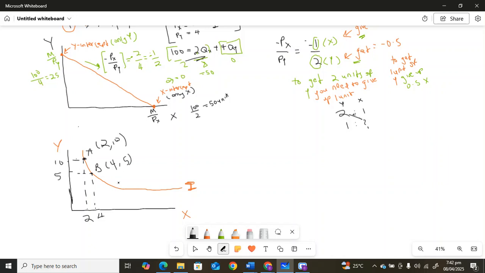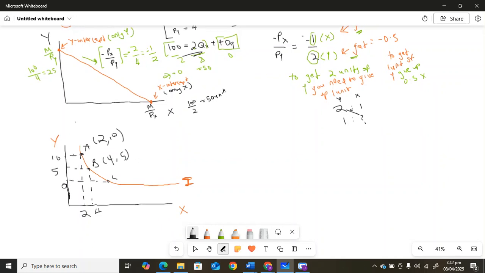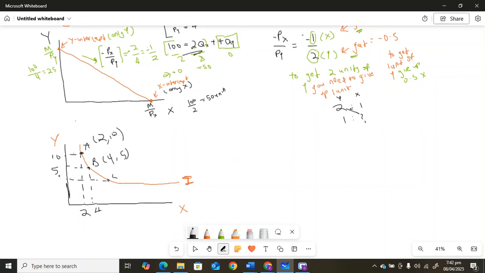Any point, even here, let's say point C, where good y is 4.